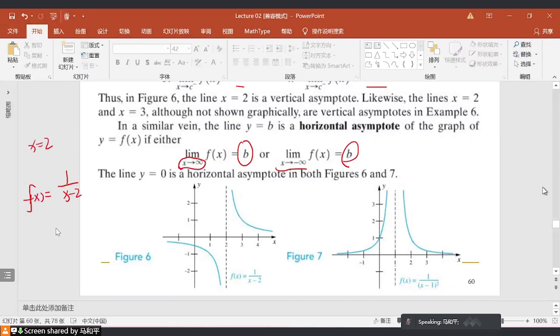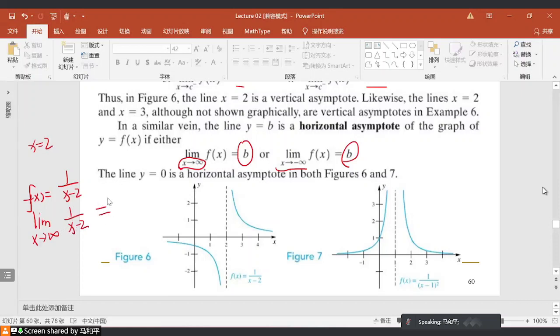Here we want to find if this function has a horizontal asymptote. This means we want to find the limit as x approaches infinity or negative infinity of 1 over x minus 2.